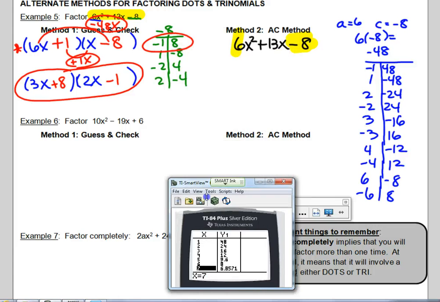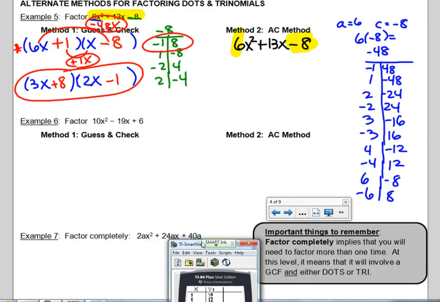All right, so now I have to figure out which pair of factors of -48 now, not the -8, but which pair of factors of -48 now add up to my 13. So if I scroll my table, I see that -3 and 16 add up to equal 13.